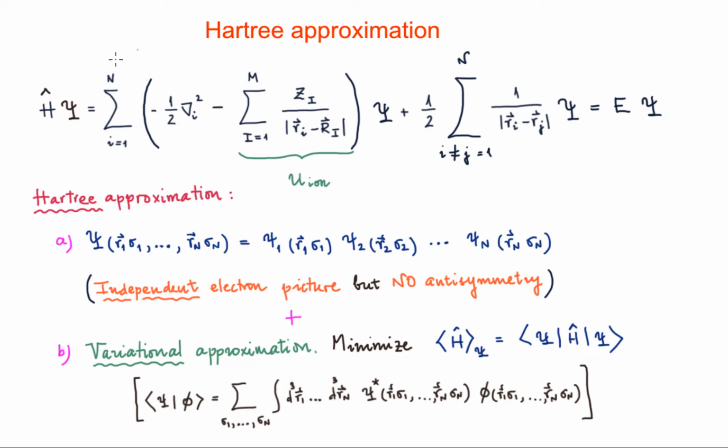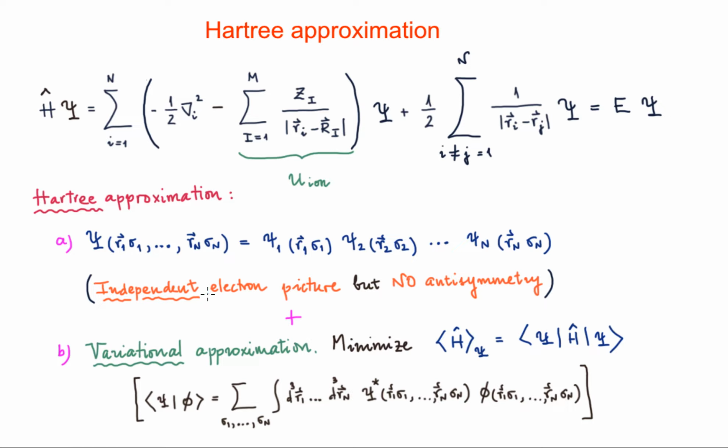Of course, within this Hamiltonian we cannot strictly apply the independent electron picture because the electrons are not independent here. But within that approximation, we are looking for some kind of effective potential that each electron is feeling. This effective potential could be caused by all the rest of the electrons. And considering that effective potential, the electron could be moving independently of the others. This is the idea behind the independent electron picture in the Hartree approximation.